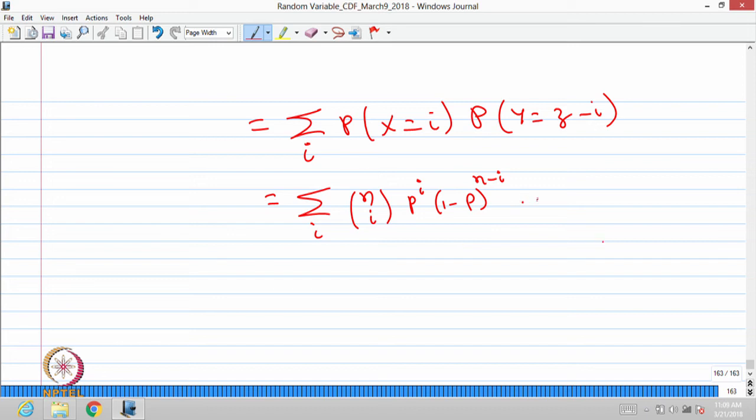Similarly, you can write the probability mass function of y, that is nC z minus i p power z minus i, 1 minus p power n minus z minus i.